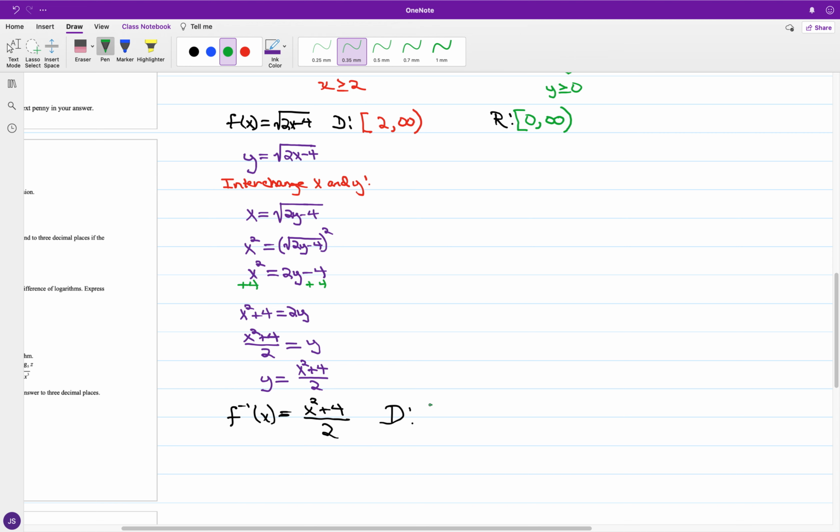So we're looking at the set of values x greater than or equal to 0. And for the range, we have going from and including y is equal to 2 all the way out to infinity.